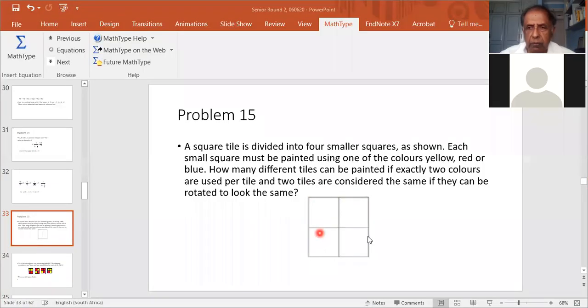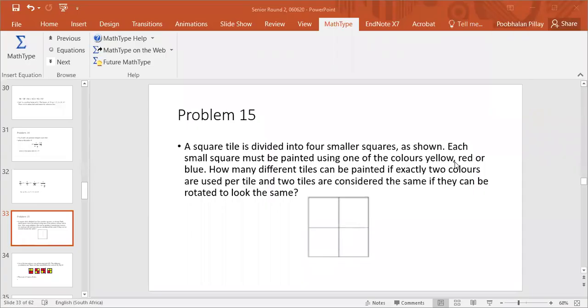Each small square must be painted using the colors yellow, red, or blue. So you got 3 colors. You're painting this tile here. How many different tiles can be painted if exactly 2 colors are used?